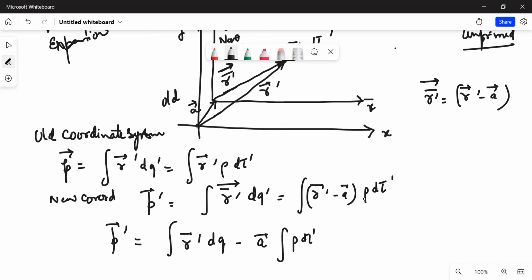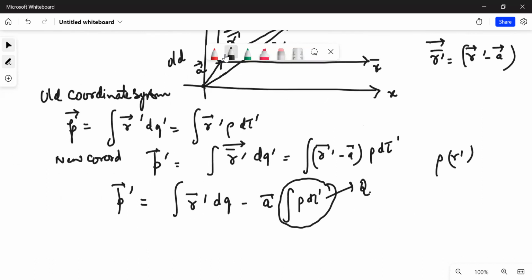And what would be rho d tau dash? This is rho as a function of r dash, obviously. So rho as a function of r dash, this will be giving you the total charge q. Is that clear or not clear? So the dipole moment when the origin has been displaced is equivalent to p vector, the dipole moment in the previous coordinate system, minus a vector times total charge q.